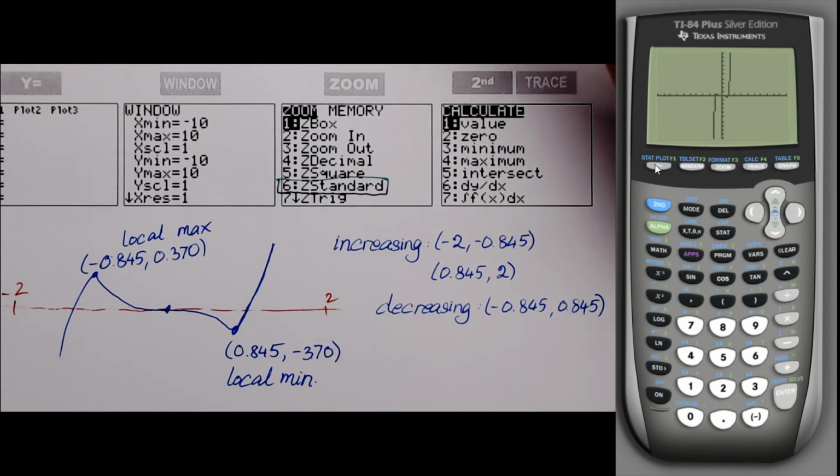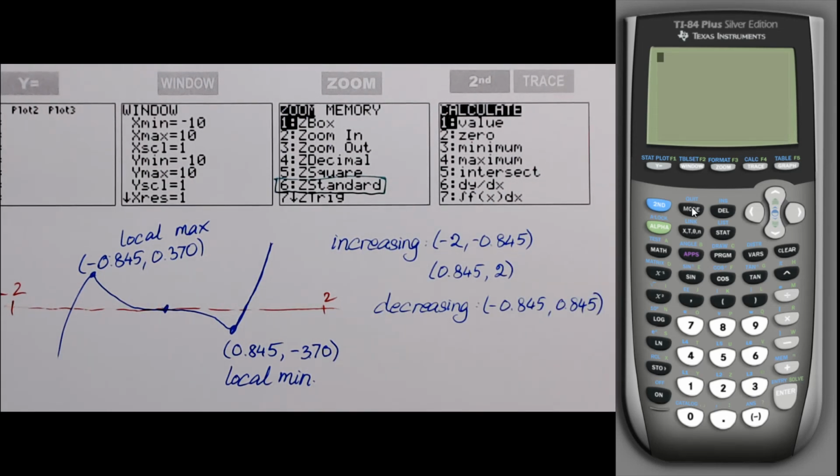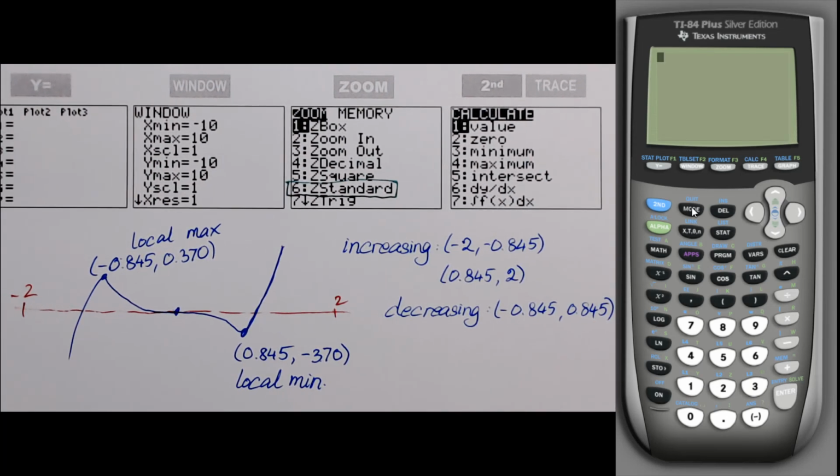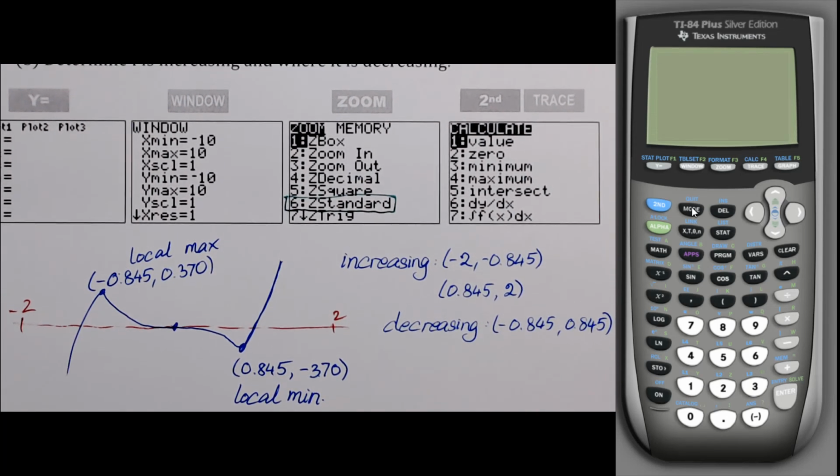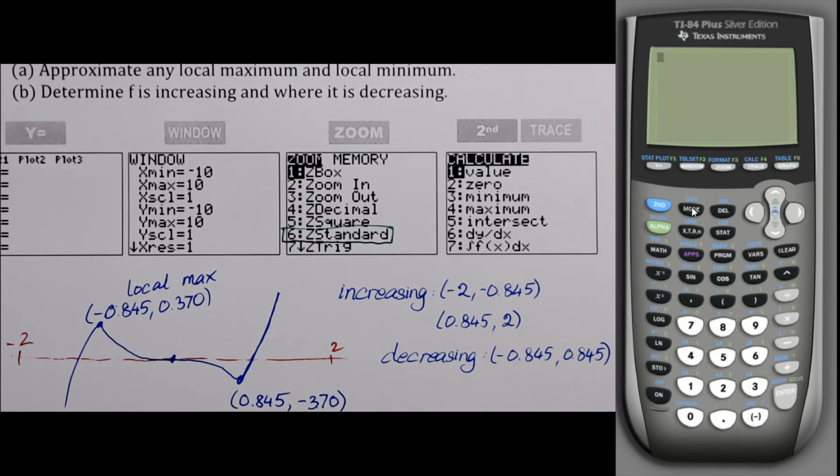And if we want to, we go to y equal to and hit clear. Now everything is clear as before. And to get back to the home screen, second mode. And everything is back to the original state. And that's how we use the calculator to find the maximum and minimum.